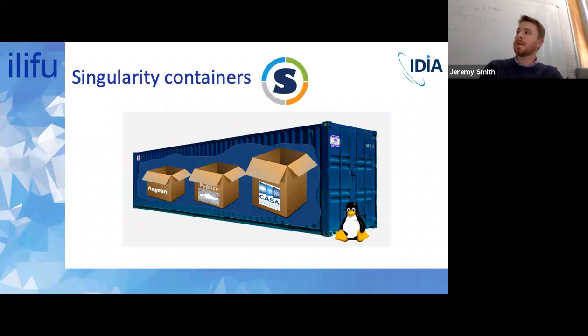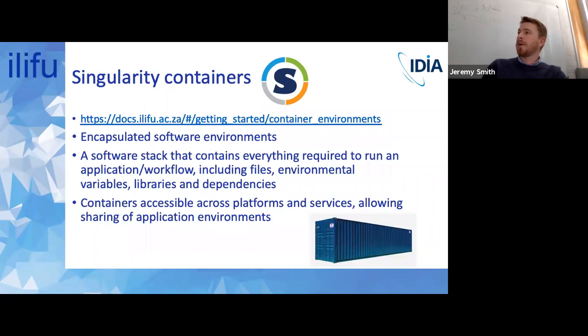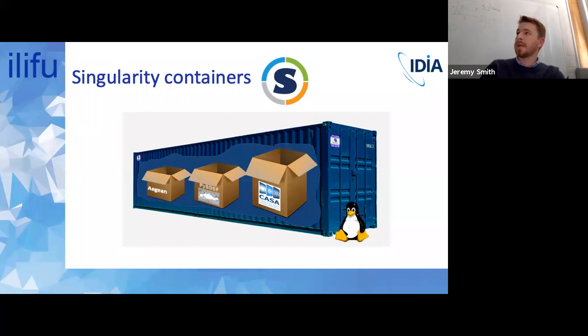Whereas Singularity containers are in a shared space, and they provide the software even across the different platforms and between users. So it's great for sharing services and for collaborative work. That's why we've gone with Singularity containers.